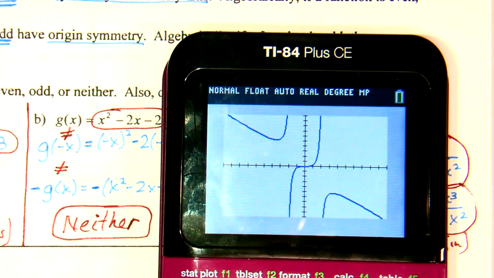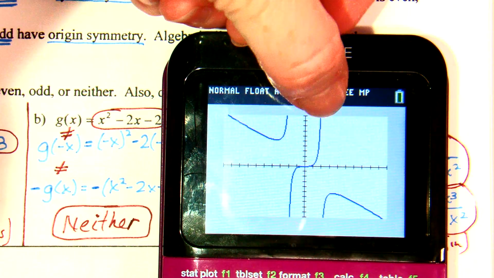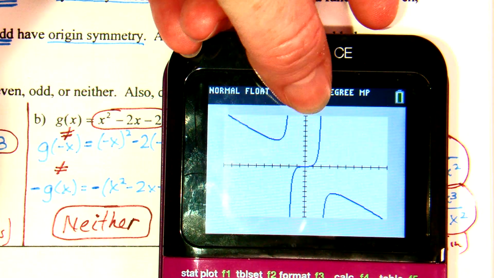Now, I said symmetric across the origin, right? The best way I can explain it: pick one quadrant and then do a double reflection with it. Reflect it across the x and then the y, or the y and then the x. And it will always end up looking like itself. So, for instance, if I just take this quadrant 1 up here, it's just that right half of that cubic.